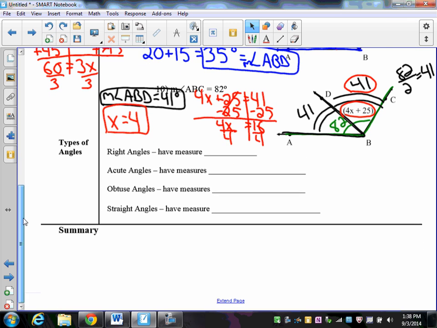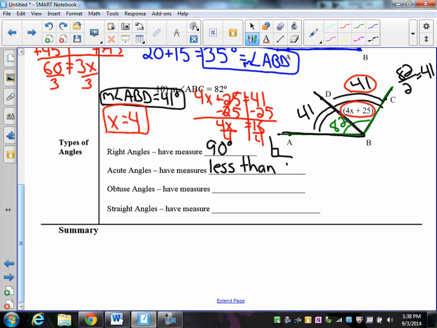The last thing should be a review. I think just about everybody knows this, but right angles have measure 90 degrees. So whenever you see a right angle, it kind of looks like an L, and it has this box meaning 90 degrees. Acute angles have measures less than 90 degrees.